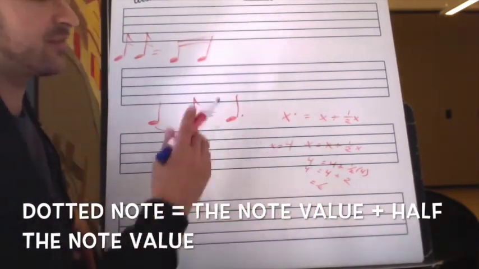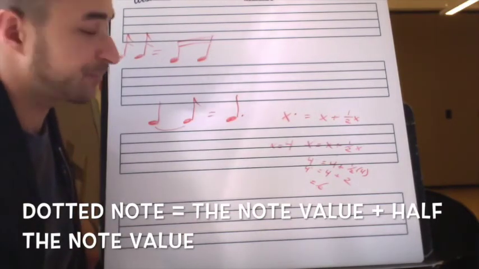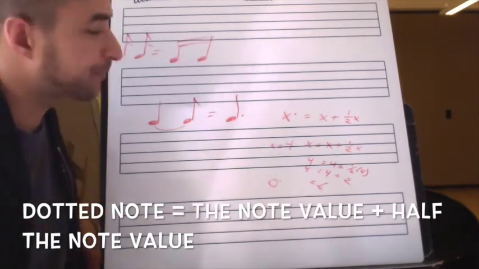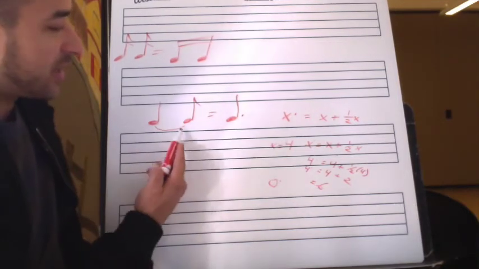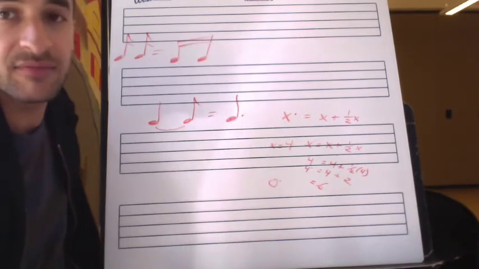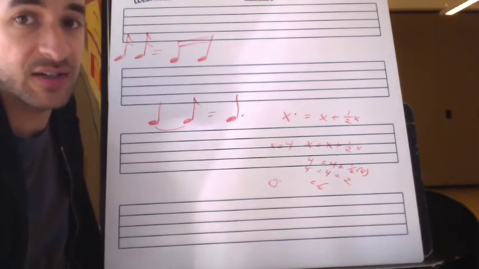So 6 beats. A dotted whole note is worth 6 beats. And there's what a dotted whole note would look like. Okay? So this is just a quicker way of writing this. This is also totally correct, but a dotted note is a quicker way to write it. And you should just know what it means when you see it.